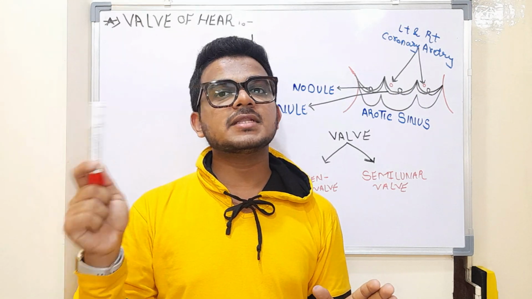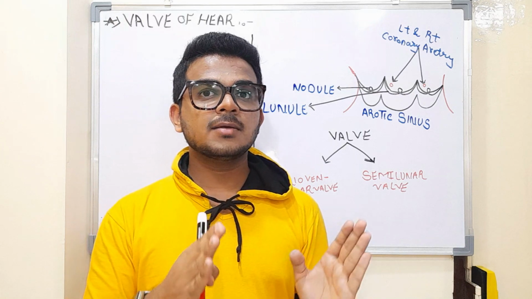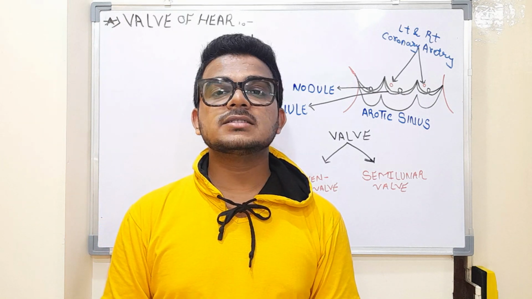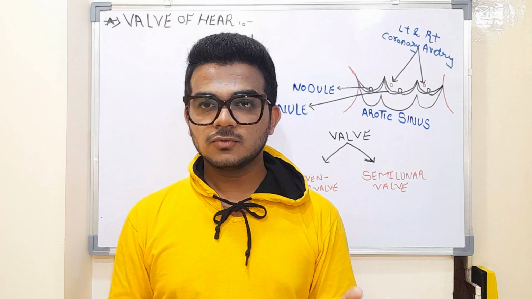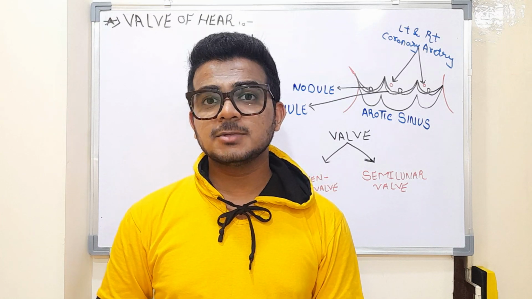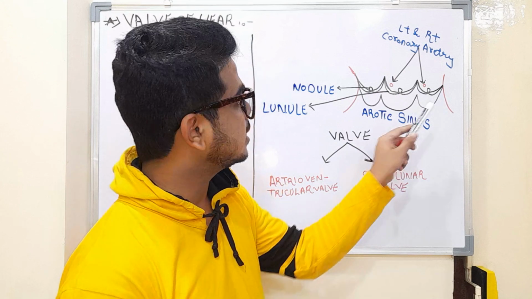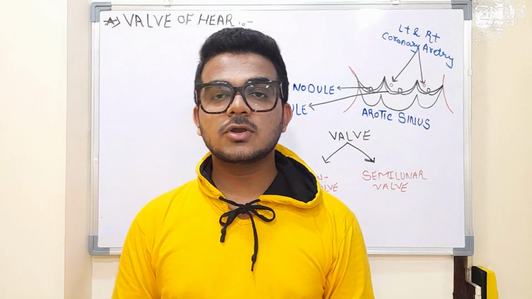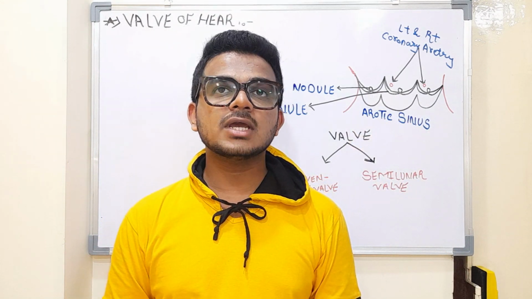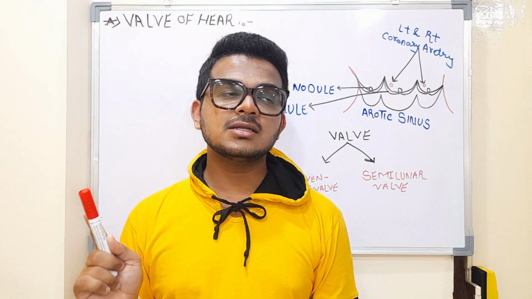Between the right atrium and the right ventricle, there is a valve called the tricuspid valve. Why is it called tricuspid? Because there are three cup-like structures, three flaps: 1, 2, 3. That's why it is called the tricuspid valve. That is the atrioventricular valve.